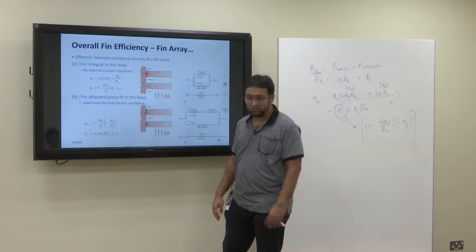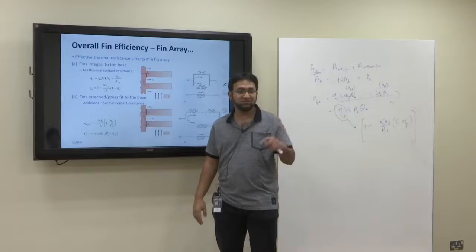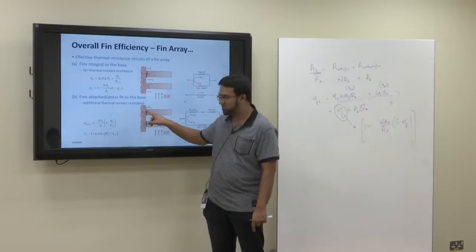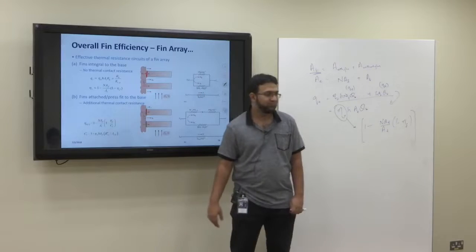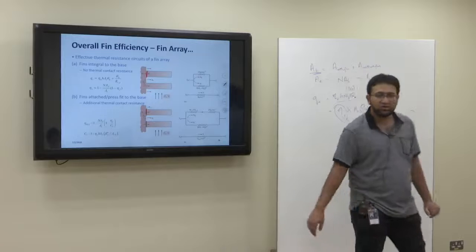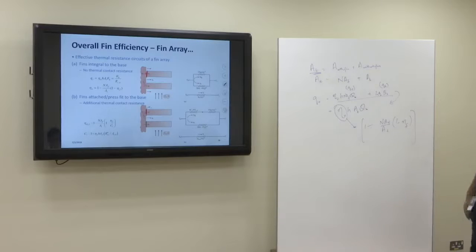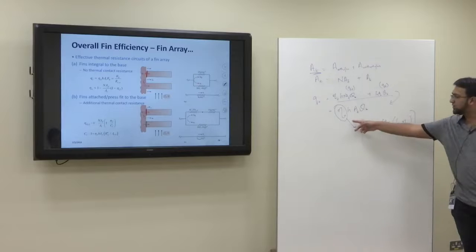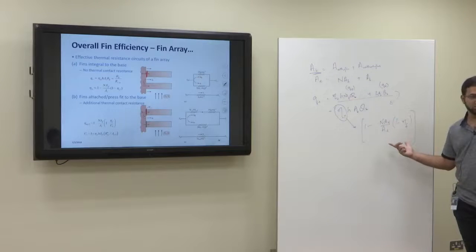Whenever it is not part of the main body and it is joined separately, there will be a contact resistance here. So the only difference is that if you have a contact resistance there, the formula for overall fin efficiency would modify a little.